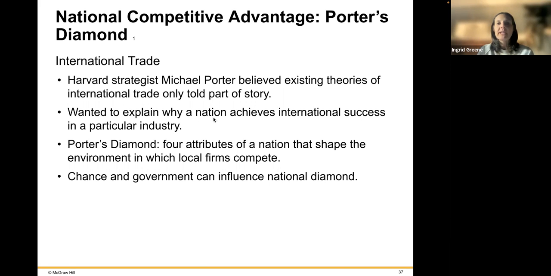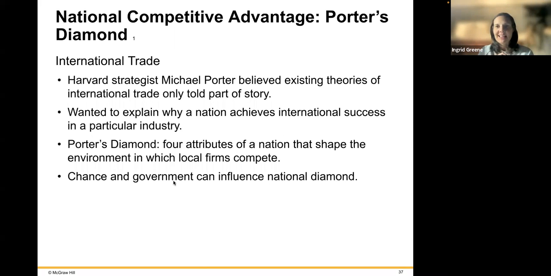He wanted to explain why a nation achieves international success in a particular industry. There are four attributes of a nation, not just one or two, that shape the environment in which local firms compete. His main things are chance, not really luck but being at the right time at the right place, and also how government can influence this national diamond, as he calls it.